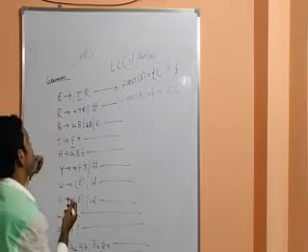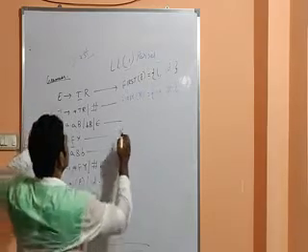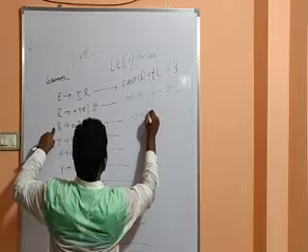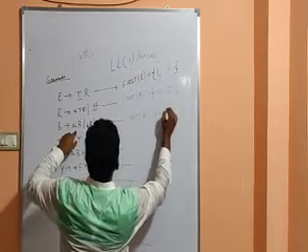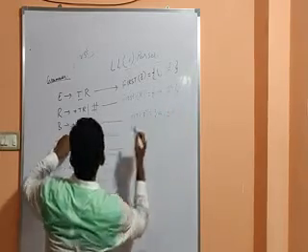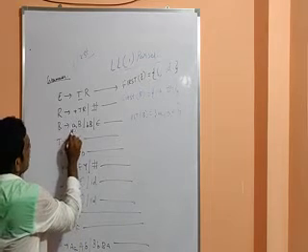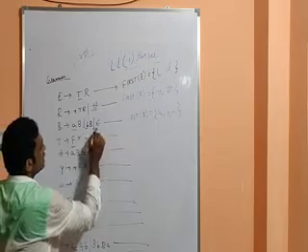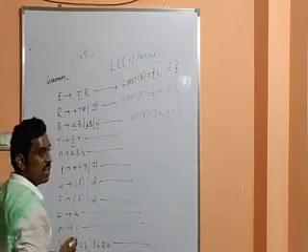Not an issue, we can write. Next, what is the first of B? Small a comma small b comma epsilon. Coming to the B grammar, what is the value here? Small a, a terminal symbol, and small b, a terminal symbol, and epsilon, terminal. So I have written it directly, not a problem.